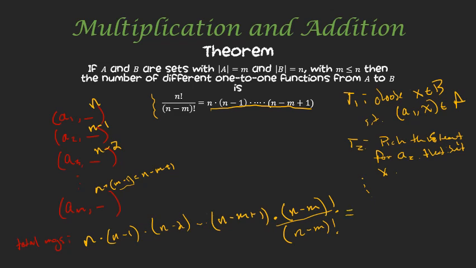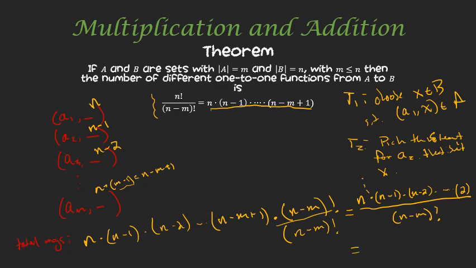And then look at what we would have on the top: n times n minus 1 times n minus 2, down to n minus m plus 1, times n minus m factorial. I'll keep multiplying them together down to times 2 times 1. And then on the bottom, I have n minus m factorial.